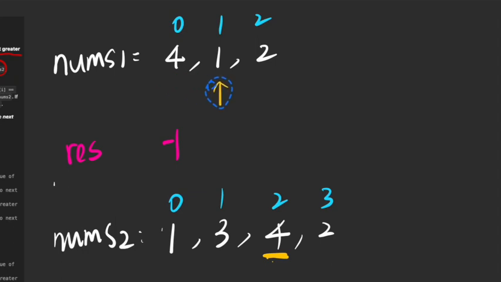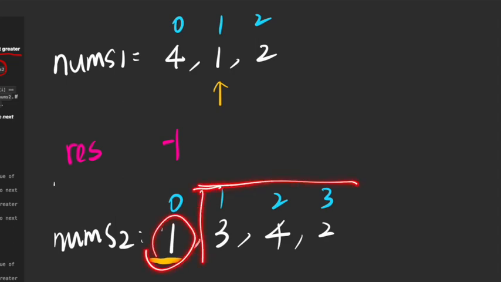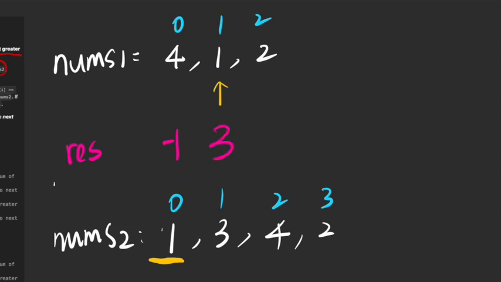And then let's move to the next one. The next one is 1. We'll also check where it is. The 1 is here. So now we try to find on the right side of it the next greater one, and we can see that the 3 is the next greater element. So we can put 3 here.